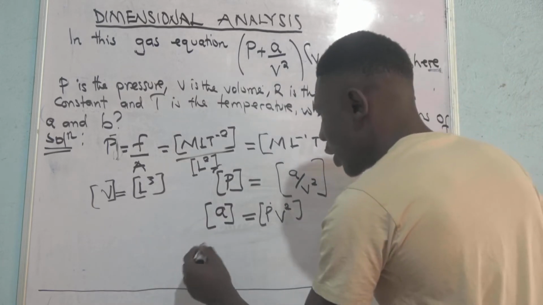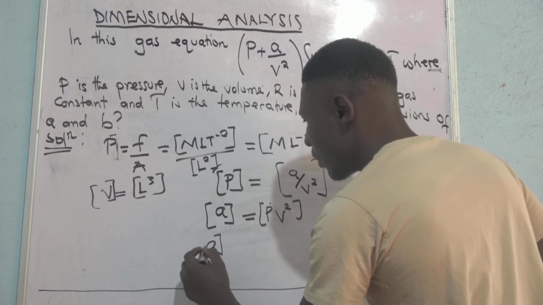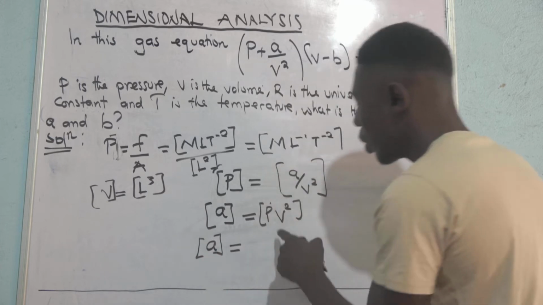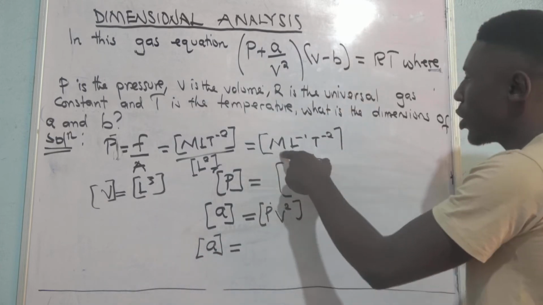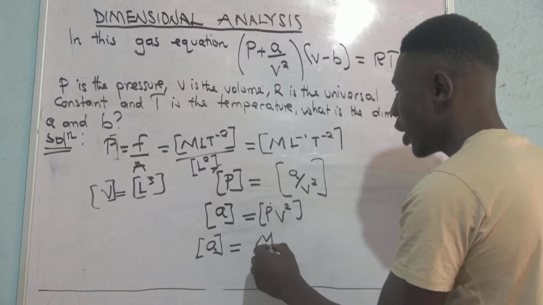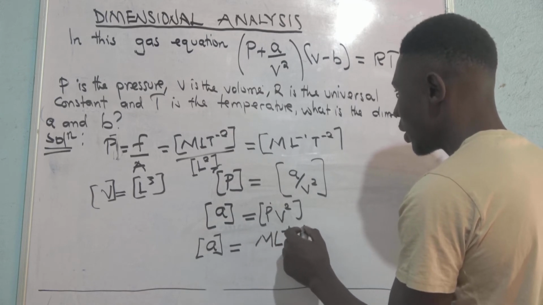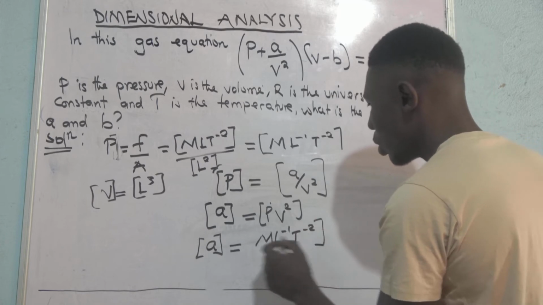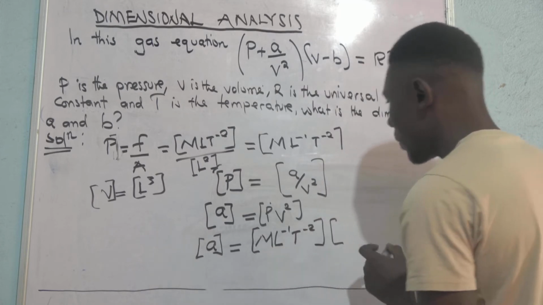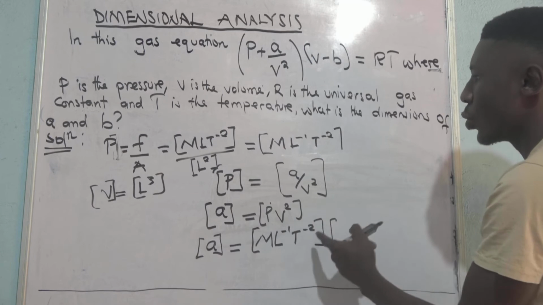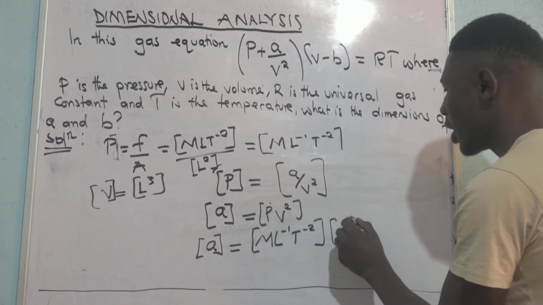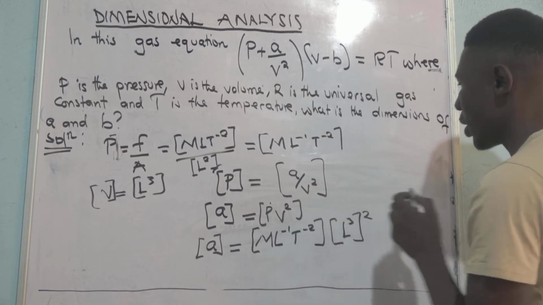So the dimensions for a equal pressure, which is ML to the power negative 1 T to the power negative 2, multiplied by the dimensions of V, which is L to the power 3, and this one is squared.